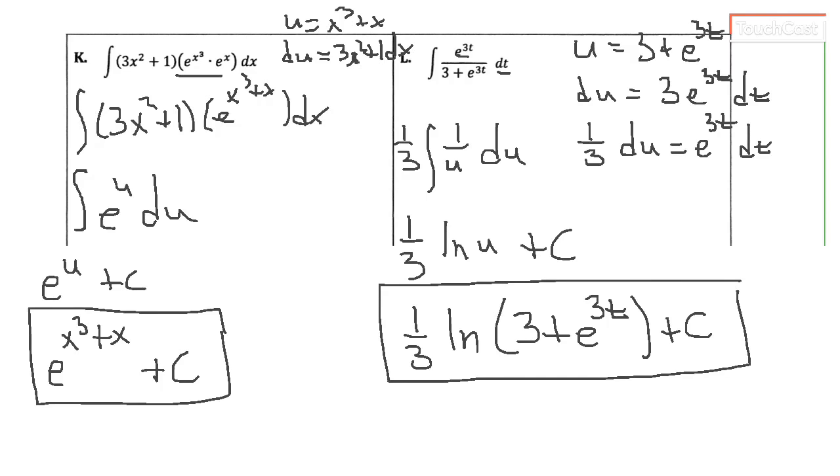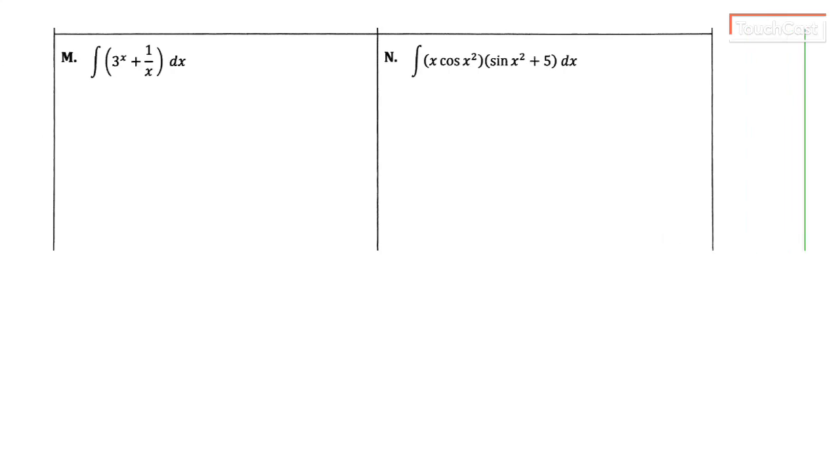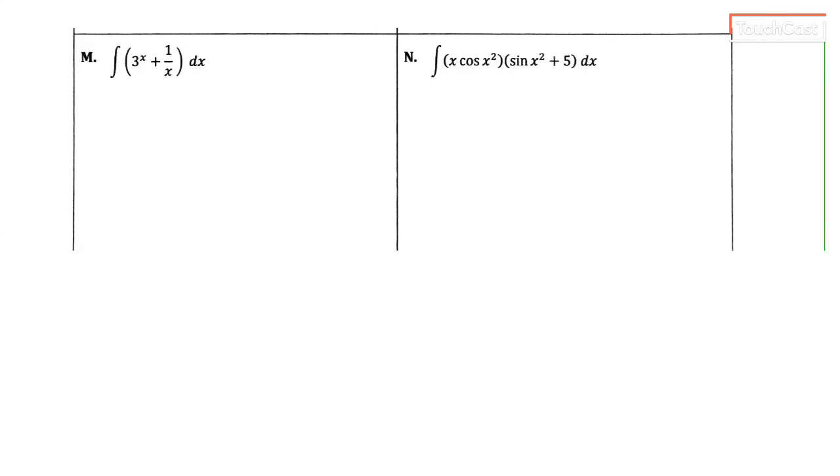Alright, let's move on. So m and n. We have the integral of 3 to the x plus 1 over x dx. Now, I'm going to first split this up. We can do that.